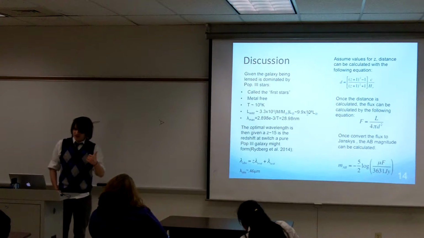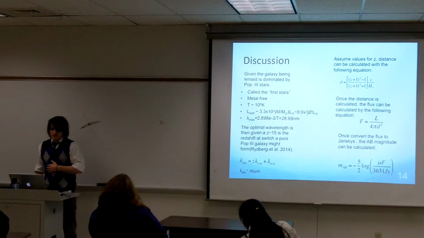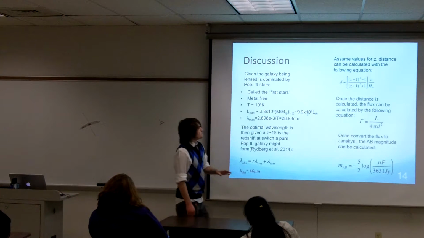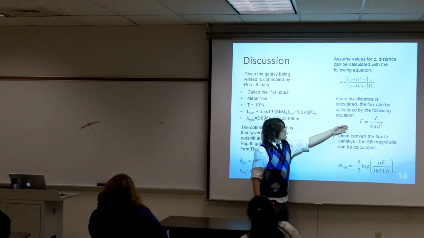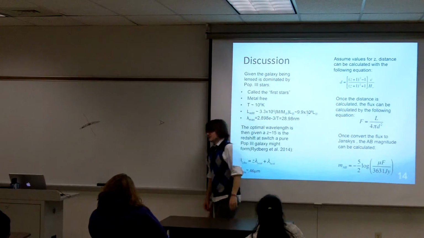I had trouble doing this, and that's why I don't have that graph now. That's part of my future work. I think what I was messing up on was converting from just SI unit flux to Jansky flux.